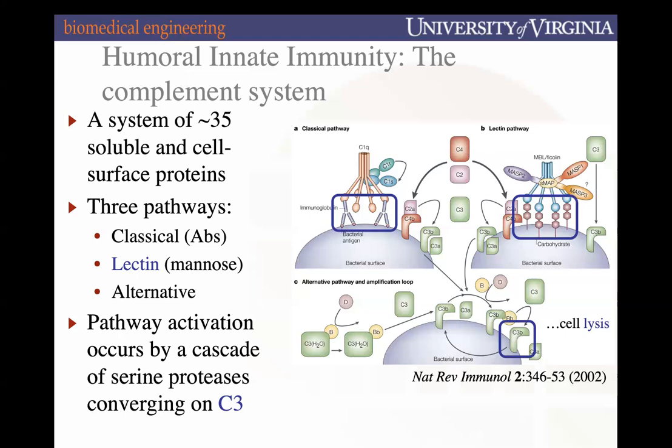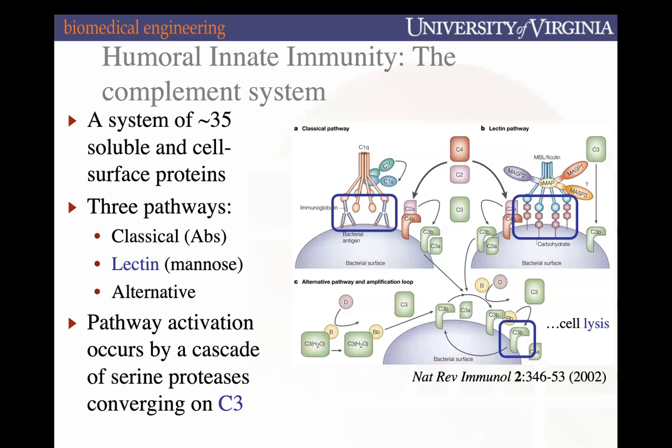It cleaves C2 into C2A and C2B, and then it'll also cleave C4 into C4A and C4B. C2A and C4B make an enzyme together. That's called the C3 convertase. I'm going to hit pause right there on the classical pathway. So we're going to stop on the formation of this enzyme called the C3 convertase, that is C2A and C4B.